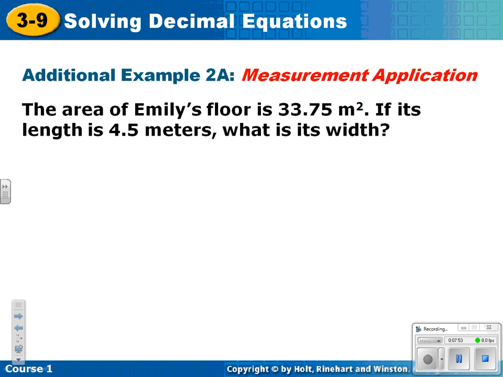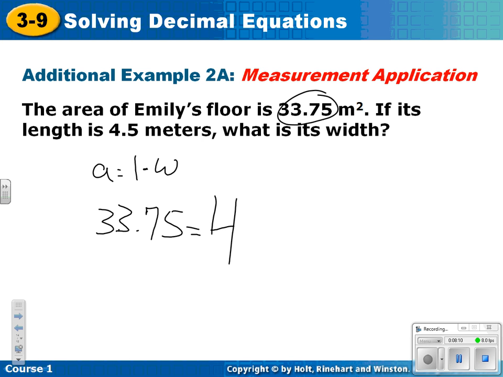A equals L times W. We're given the area. It's right there. So we have 33.75 equals, it gives us the length is 4.5, and we don't know its width, 4.5 W. There, that looks like a problem that you know how to solve. Okay? Don't forget your label in this situation.